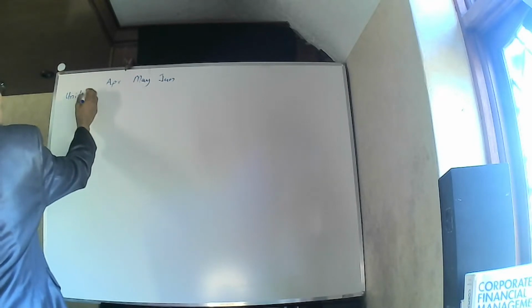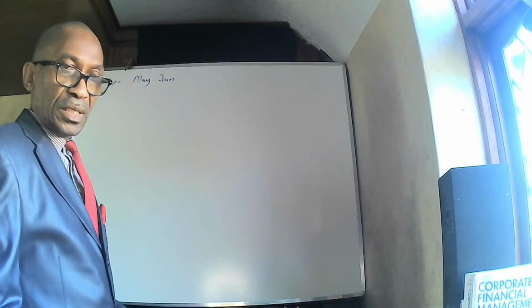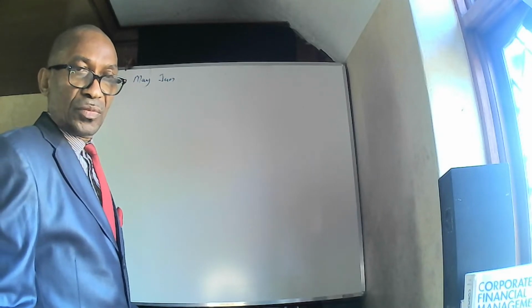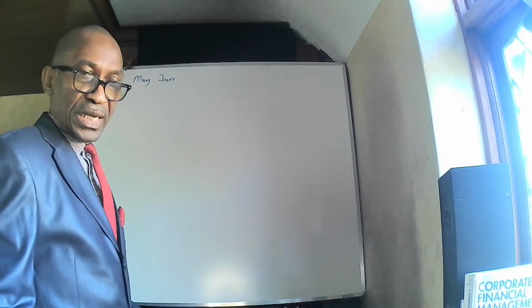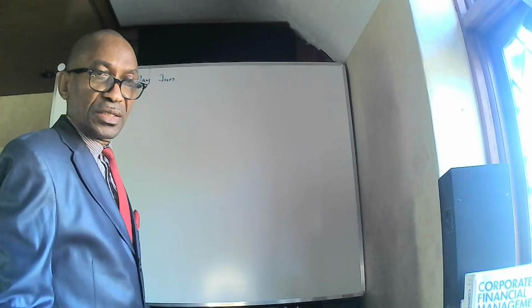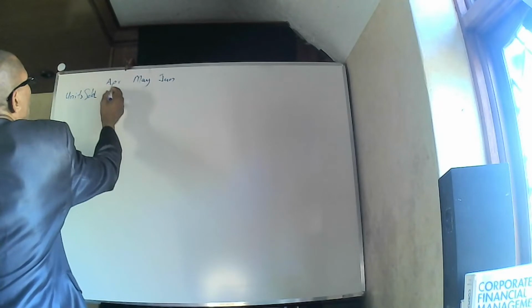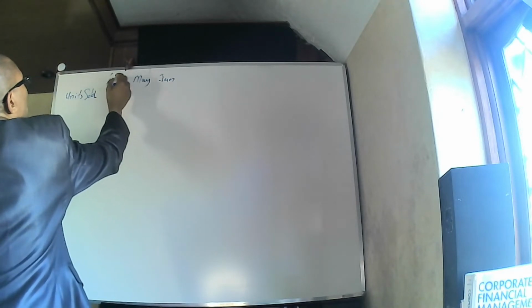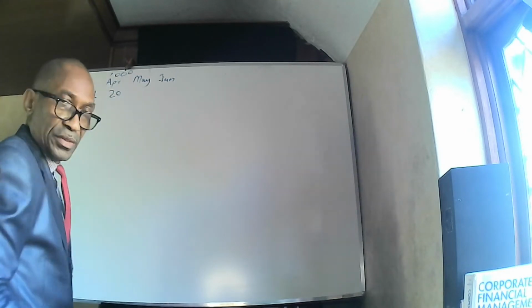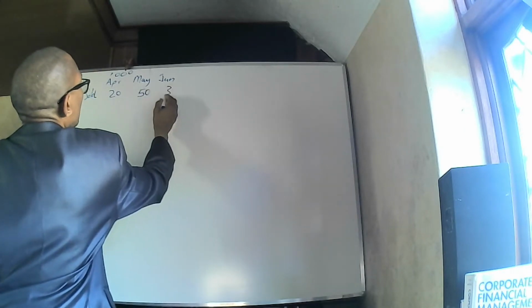Units sold are from last period. Let's quickly go to our next period and touch the units sold. Units sold are 20,000. Everything I do here will be in thousands to help with space. 20 in April, 50 in May, 30 in June.